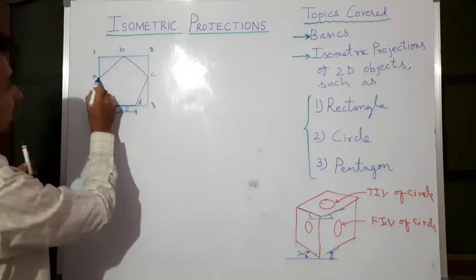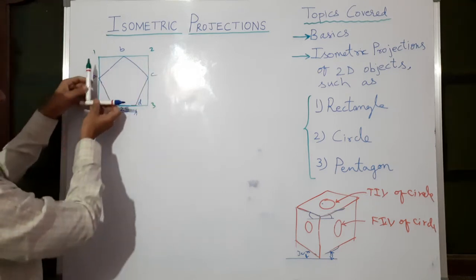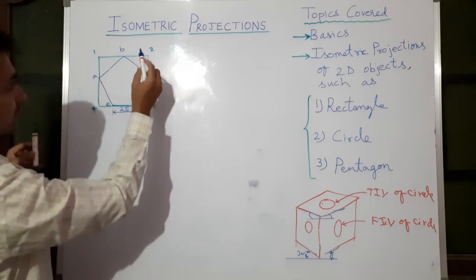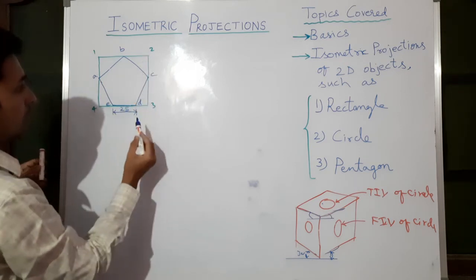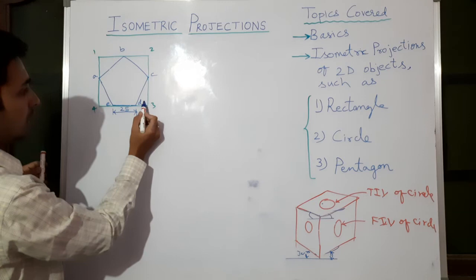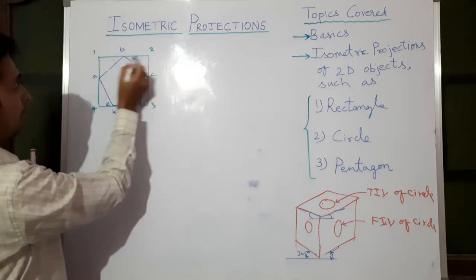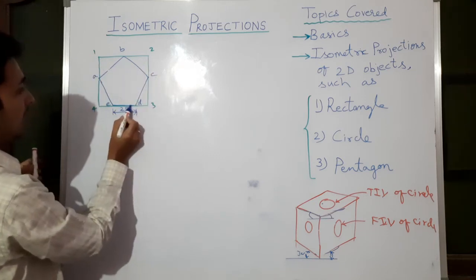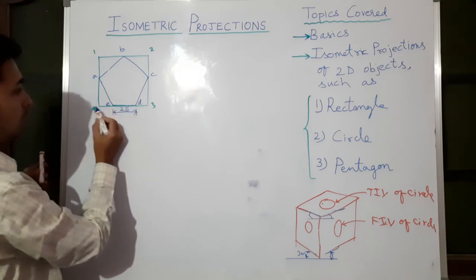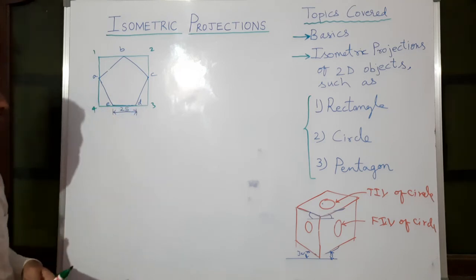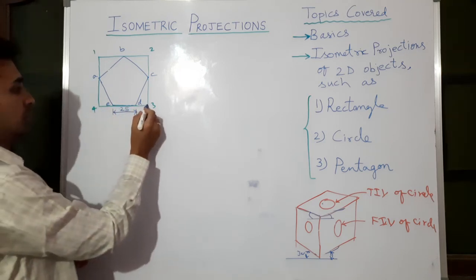Then at this corner, bring your mini drafter like this and draw one line, and again here also at the same point draw. So this box is 90 degrees all the way, and this E and D line should be parallel to 4 and 3. All those basics you know, no need to tell all this step by step.